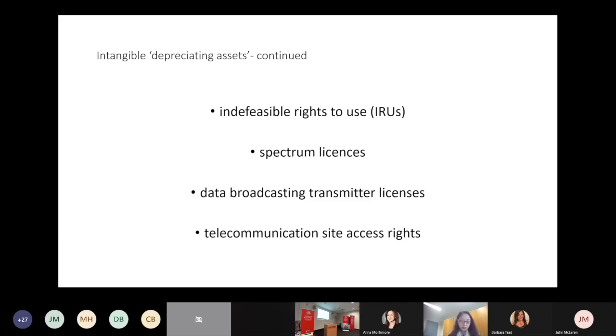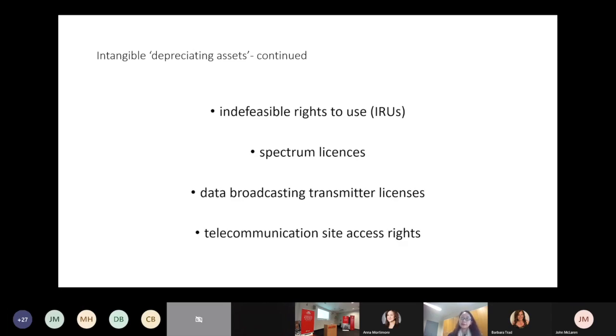IRUs for international cables were introduced in the 1999 decision to provide tax relief for costs that were otherwise recognized under the capital gains system. Six years later, IRUs for domestic cables were added as the telecommunications industry lobbied for consistent treatment across all IRUs. Simultaneously, telecommunication site access rights, often granted hand in hand with our domestic IRUs, were added.